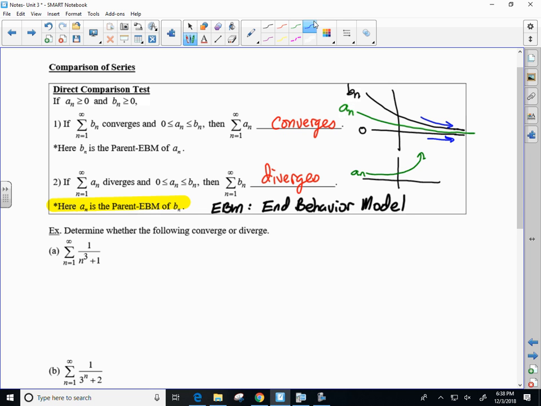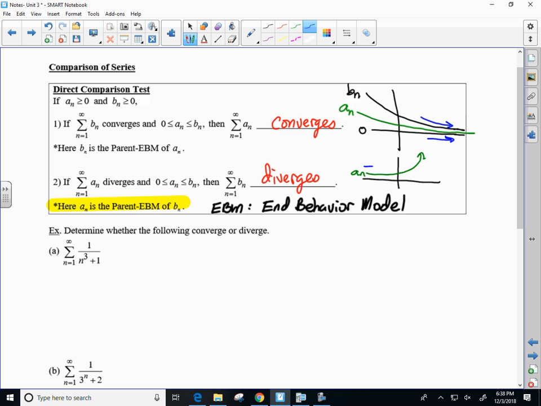Now, the only way I could draw B sub n, because again, A sub n has to be in between 0 and B sub n, is that B sub n has to either be above A sub n, or it could be the same as A sub n, but it can't be below. So you start thinking about different ways in which you could draw a B sub n.